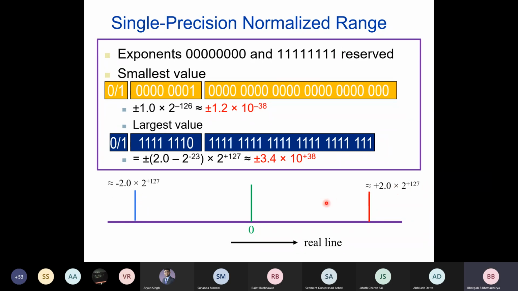So this is the range which you can represent in the single precision normalized range. Normalized means when you restore the implicit one. So this rightmost boundary and the leftmost boundary is clear. It is determined by the largest value.